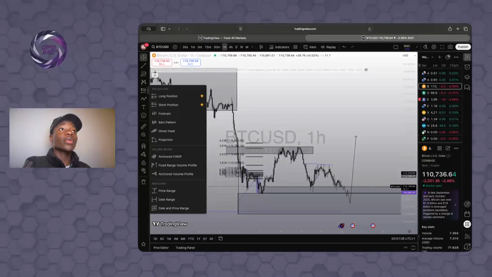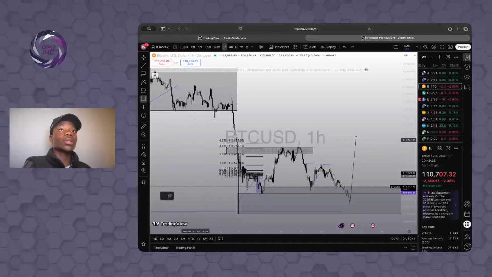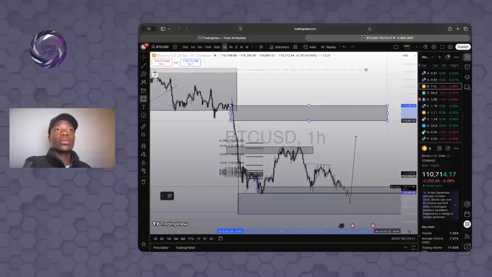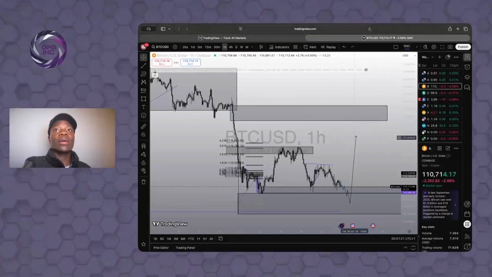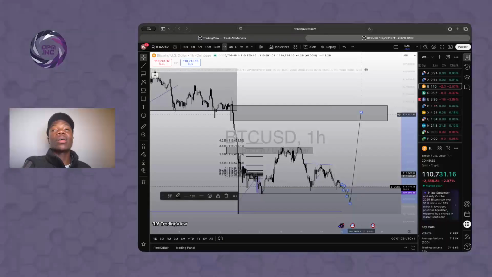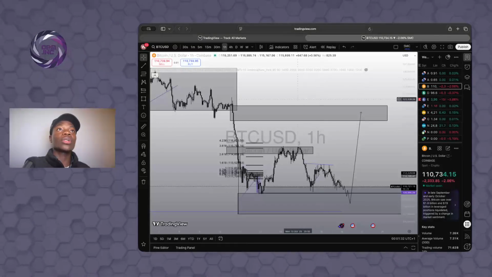Let's take a look and draw it out for you guys. You have this right there, which is a very, very big liquidity void or imbalance on the 1 hour time frame. I do see price heading back up here, which is about to 120,000. So we should see BTC head back up to 120,000 after taking out all this liquidity on the downside.